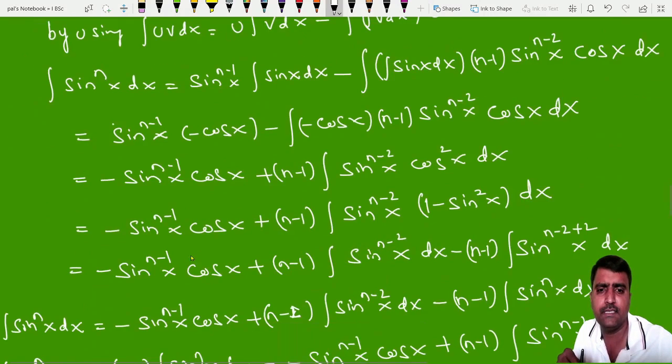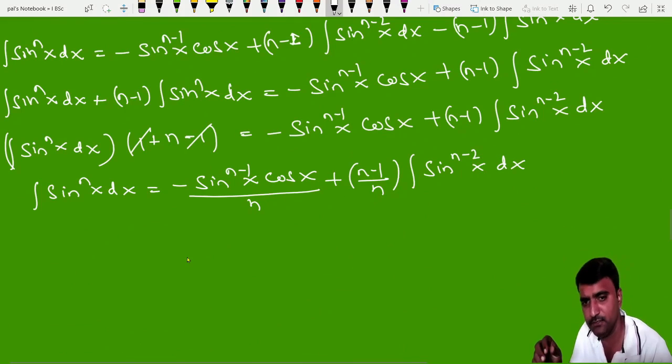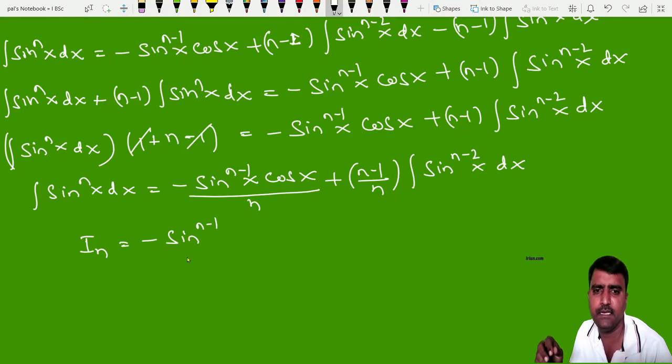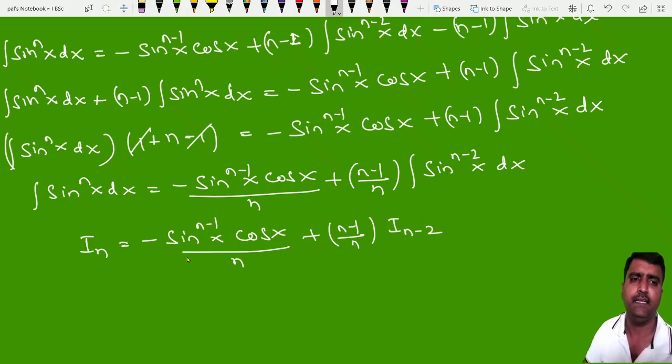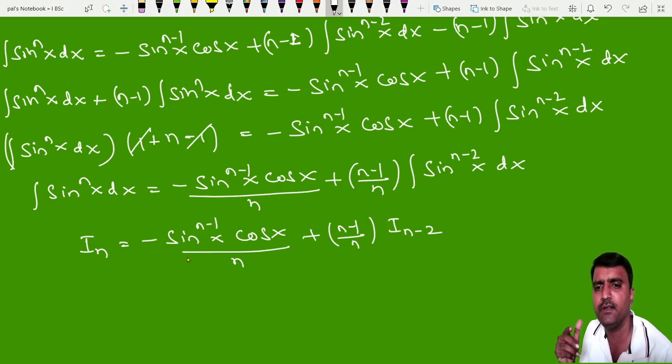You can denote this final step as In is equal to minus of sine to the power n minus 1x into cos x divided by n plus n minus 1 by n into In minus 2, because integration of sine to the power nx dx can be written as In.